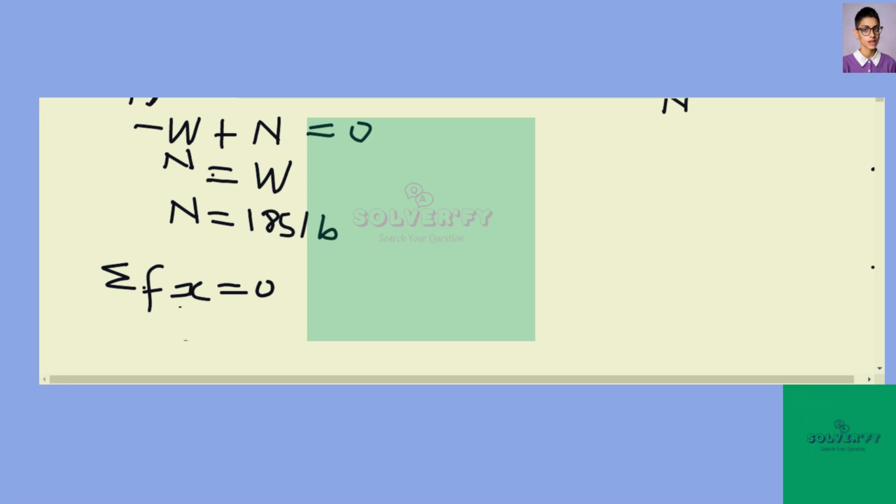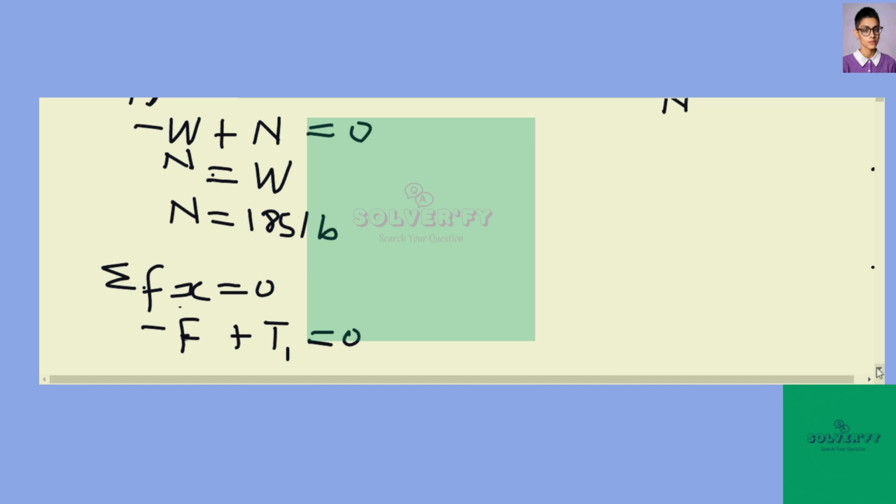Now, if we consider equilibrium in the horizontal direction, you're going to have this. So that the frictional force is trying to impede motion in that direction, while the tension T1 is positive, equal to 0.